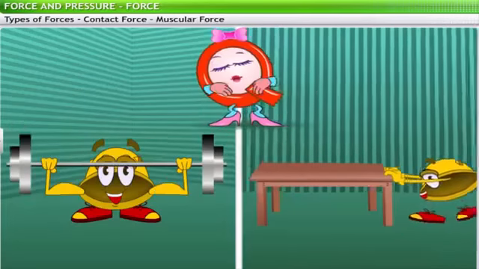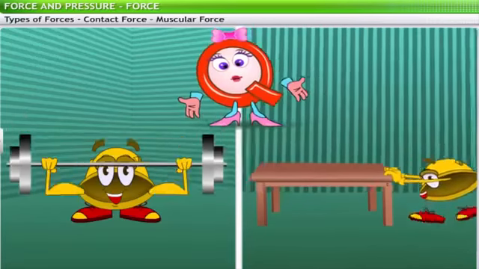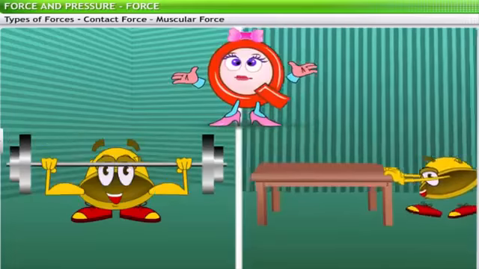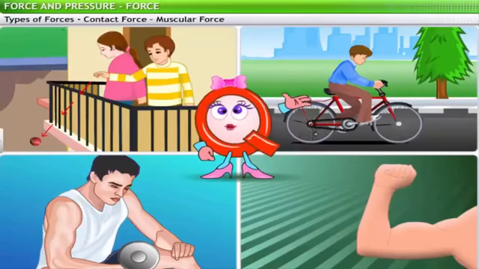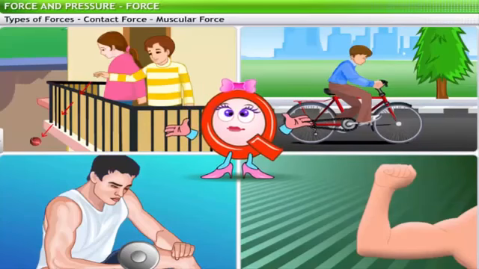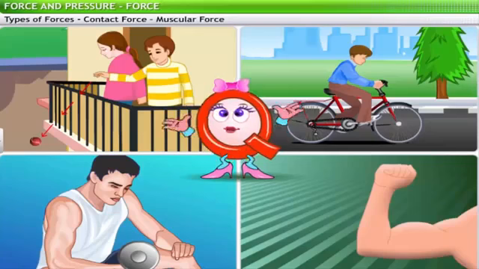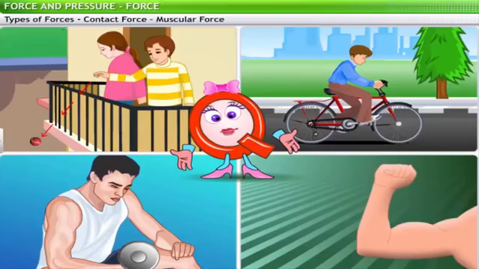Muscular force enables us to perform all activities involving the movement or bending of our body. Muscular force is involved in all your actions. For example, when you throw a ball, ride a bicycle, or lift weights. But it's not limited to human beings.